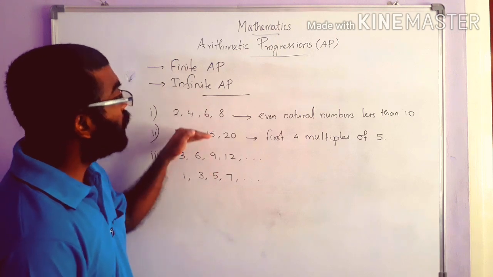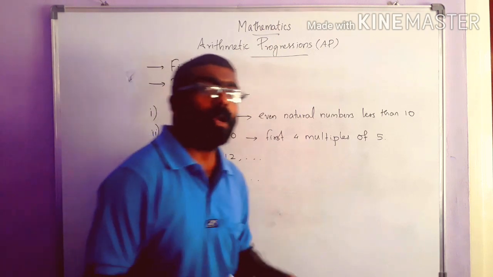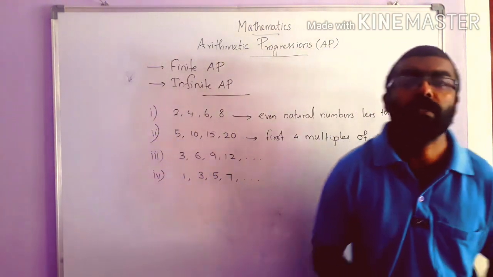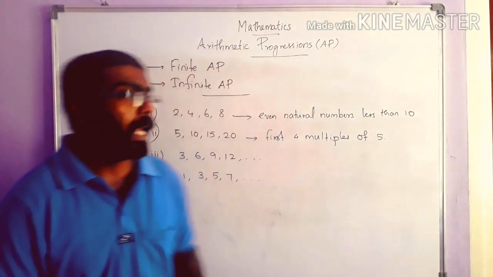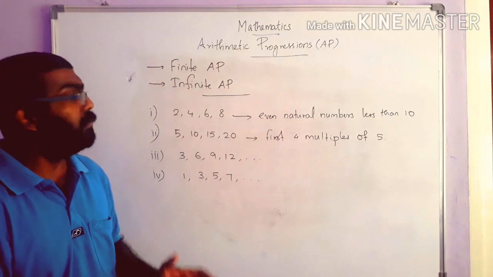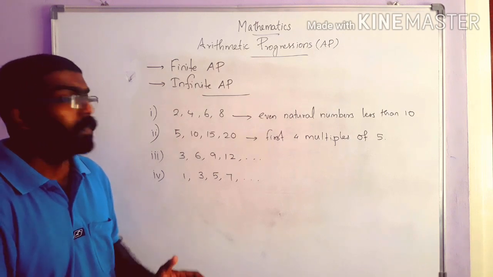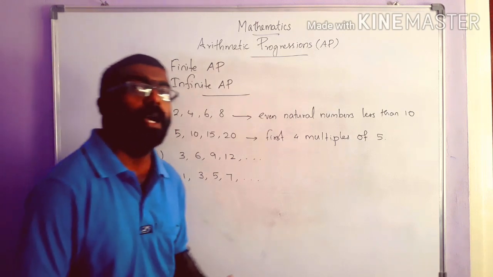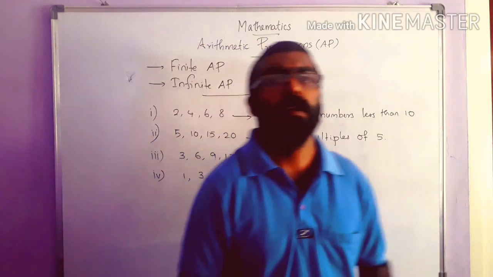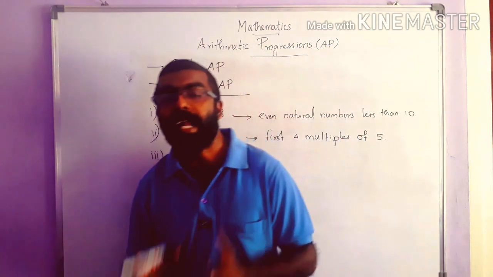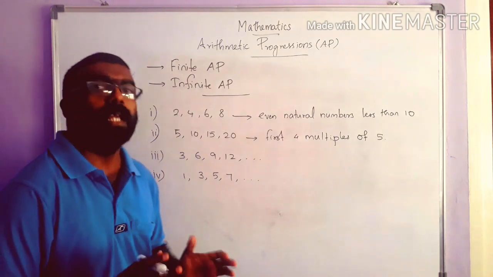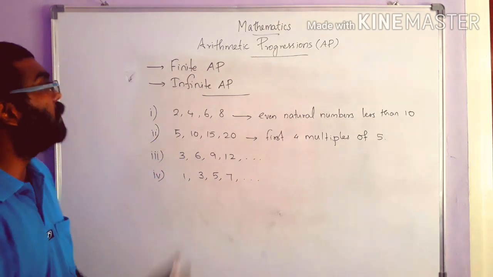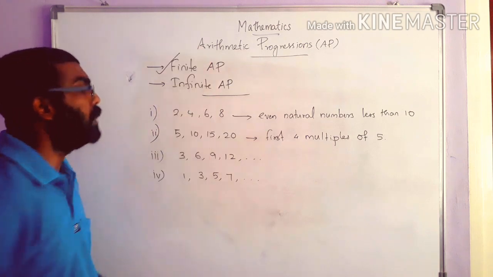So in these two examples, the number of terms in the sequence is countable, finite. That means there are a definite number of elements or terms. These types of APs are called finite AP. That means if an AP contains a finite or countable number of elements, then those APs are called finite AP.